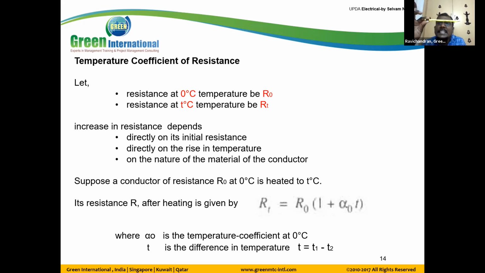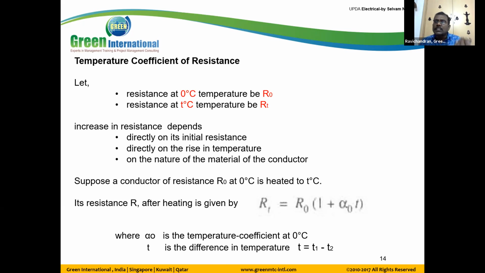Suppose we measure the resistance value, say 100 ohm. The resistance value varies in the summer season and winter season. That 100 ohm is the value at constant room temperature only. The same conductor, if you measure in the summer, the resistance value increases a little bit, maybe 105, 110 like this. So the resistance value is not the same throughout the temperature.